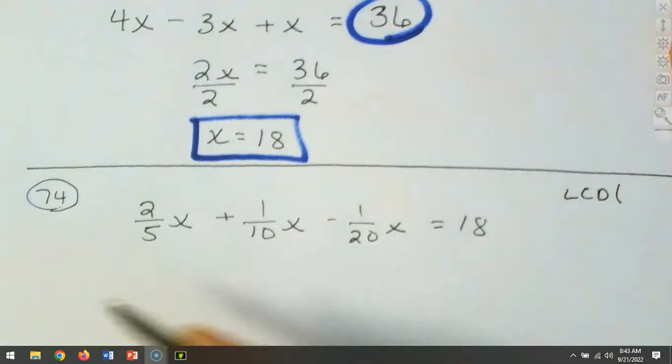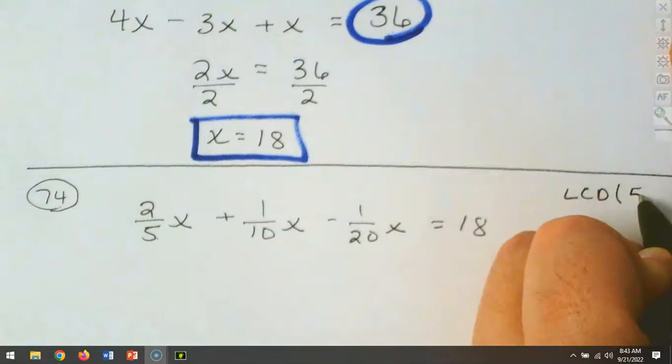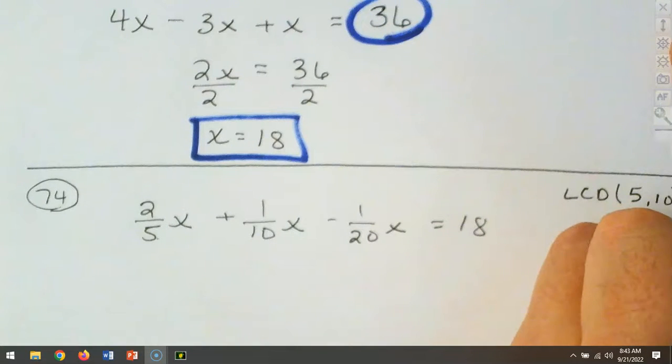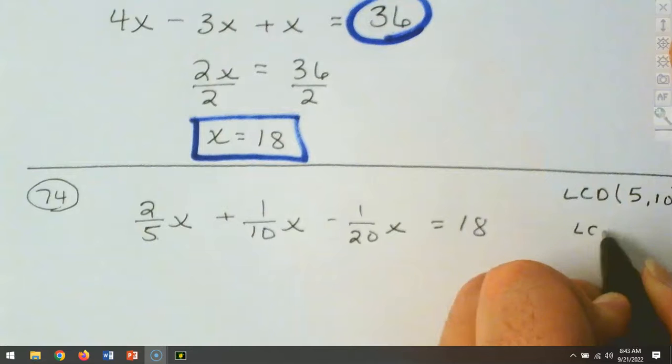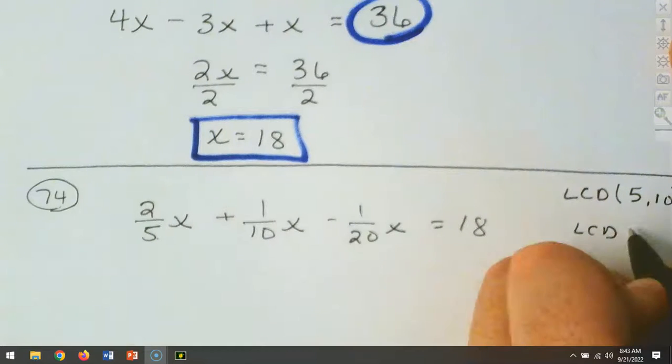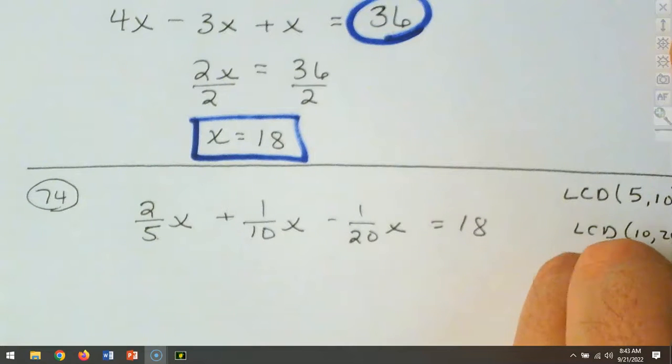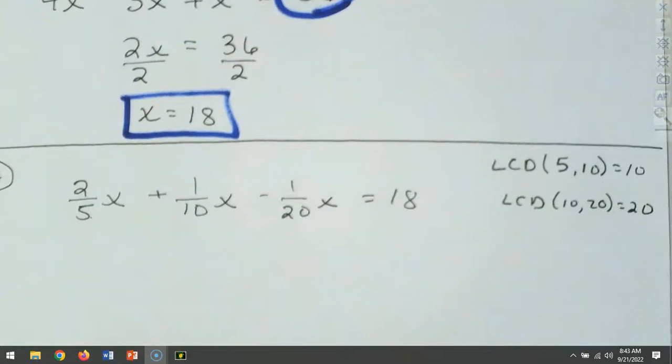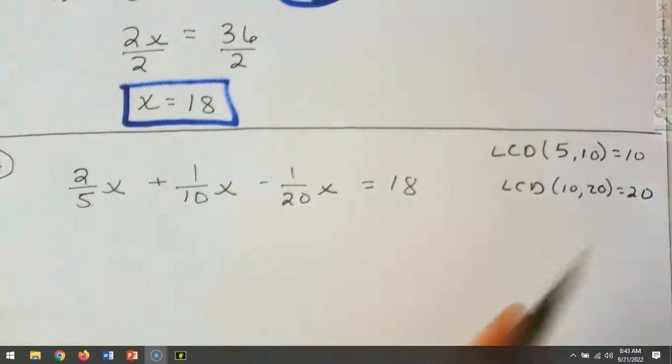What's the least common denominator of 5 and 10? 10. And what's the least common denominator of the 10 and the 20? That's 20, right? Okay, so what do we know? We know that 20 is going to clear out all of our fractions.